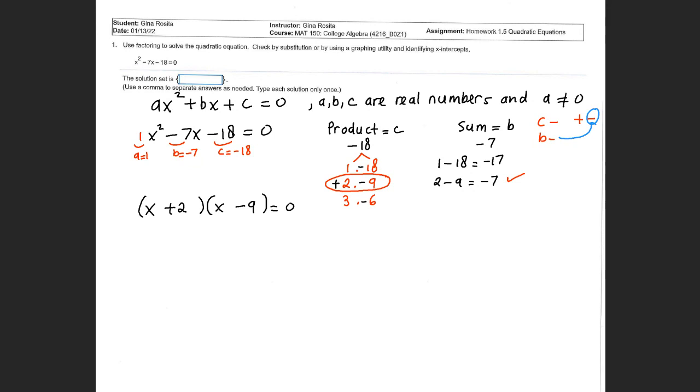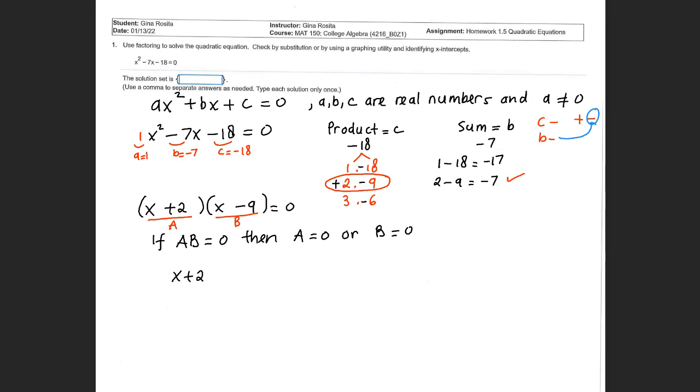Okay. Everybody follow? Now, if A times B equals 0, then A equals 0 or B equals 0. So if this is A and this is B, we can write x plus 2.